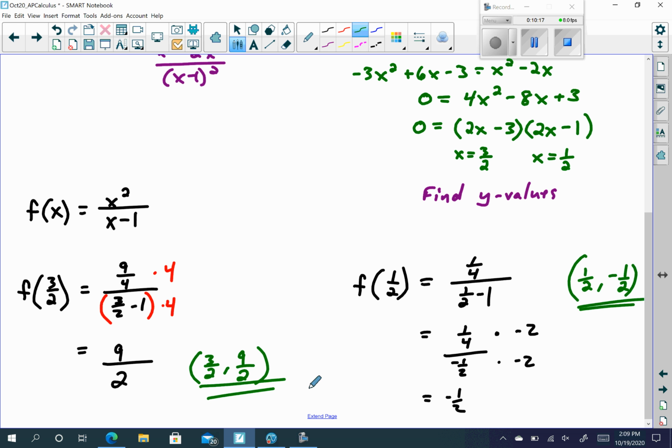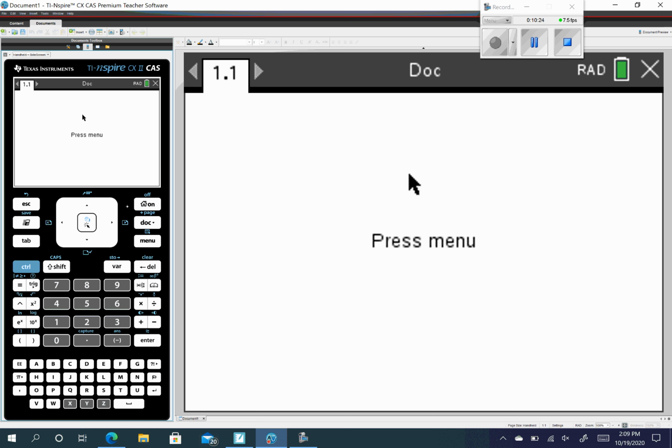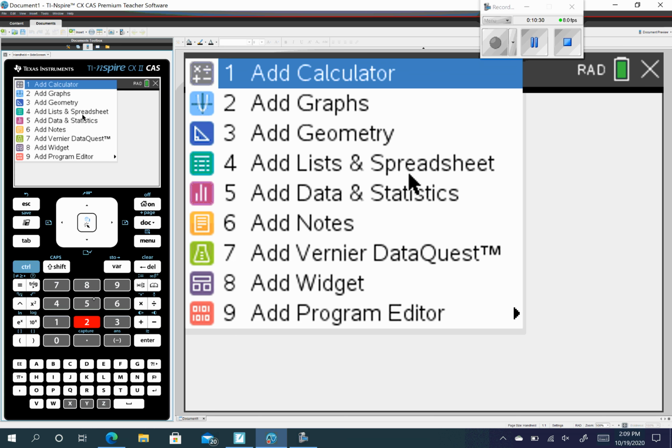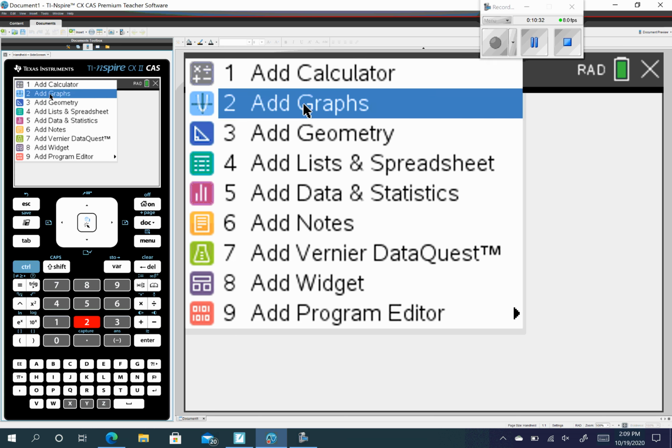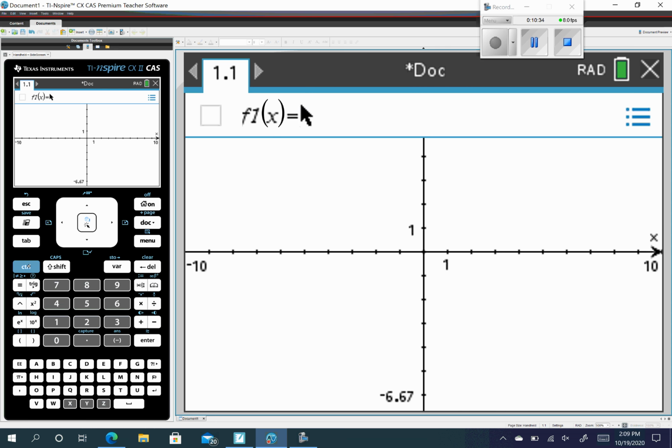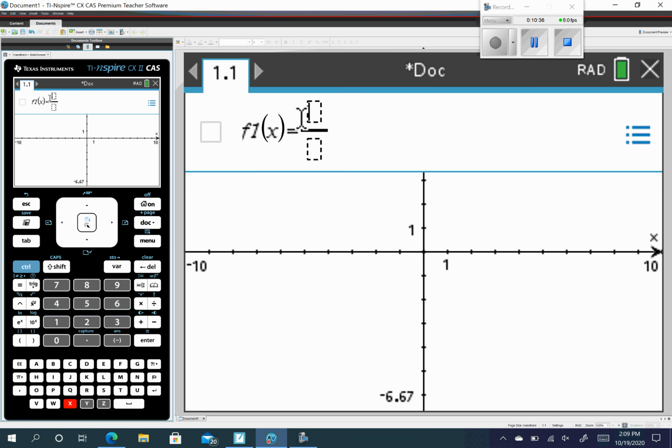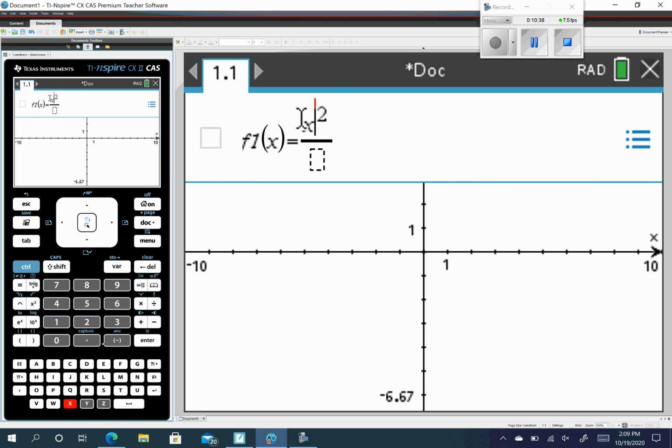Now we're going to check on the calculator. So please go to a graphs page on your calculator. All right, so we just want to go ahead and graph x squared over x minus 1.